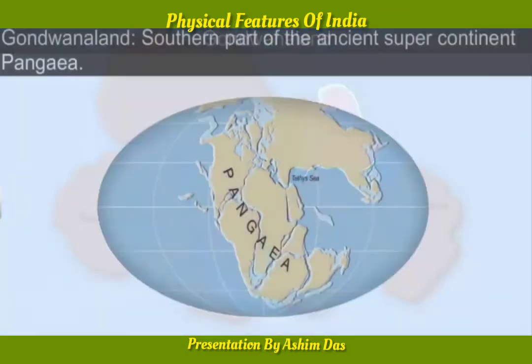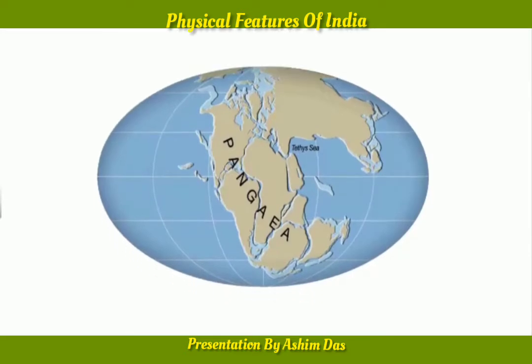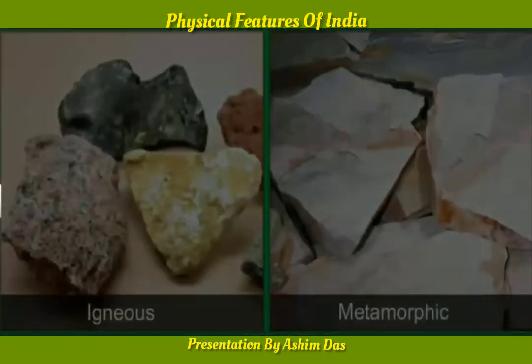Gondwana land is the southern part of the ancient supercontinent Pangaea, with Angara land in the northern part. Thus, the Peninsula Plateau is part of a very old land mass. This is also evident in the composition of the plateau. It is composed of old crystalline, igneous and metamorphic rocks.